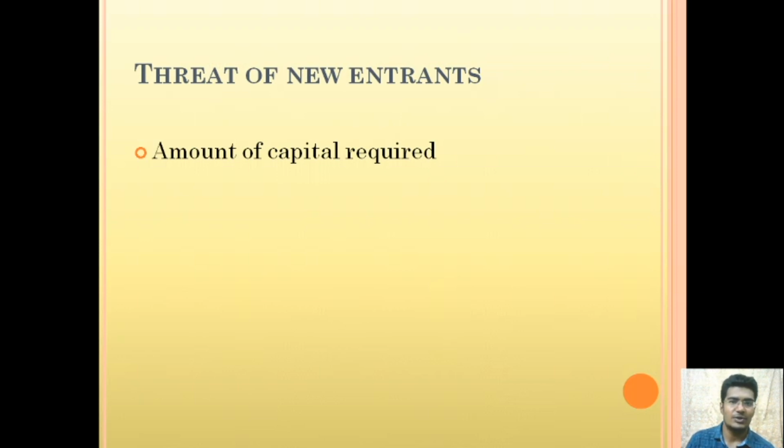Now the customers have a substitute, and there are possibilities that the existing company would lose their customers. So if the amount of capital required is less, then eventually a lot of companies would establish their manufacturing units.